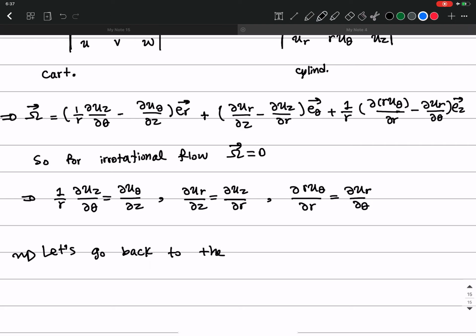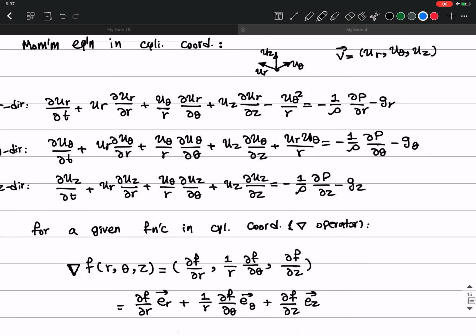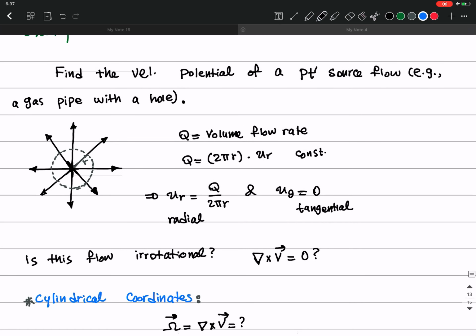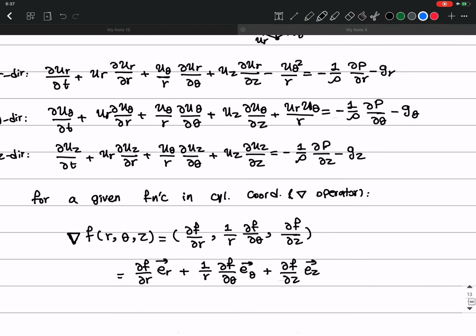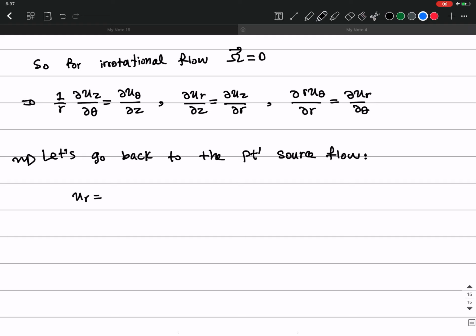Okay, so let's go back to the point source flow problem that we had. For that problem, ur, if you remember, is Q over 2 pi r. u theta and uz are just 0. So ur is Q over 2 pi r, and u theta equals uz equals 0.